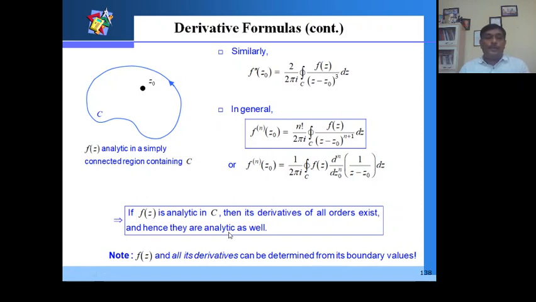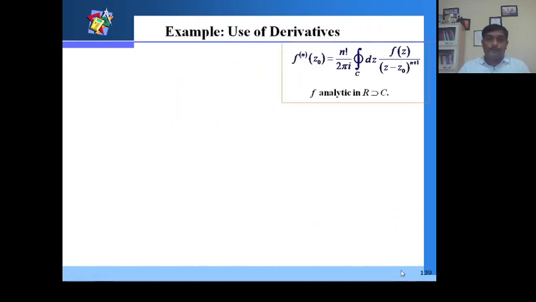Note that f(z) and all its derivatives can be determined from the boundary values. You must remember these. We will give some examples related to these concepts. This is the theorem you must remember.